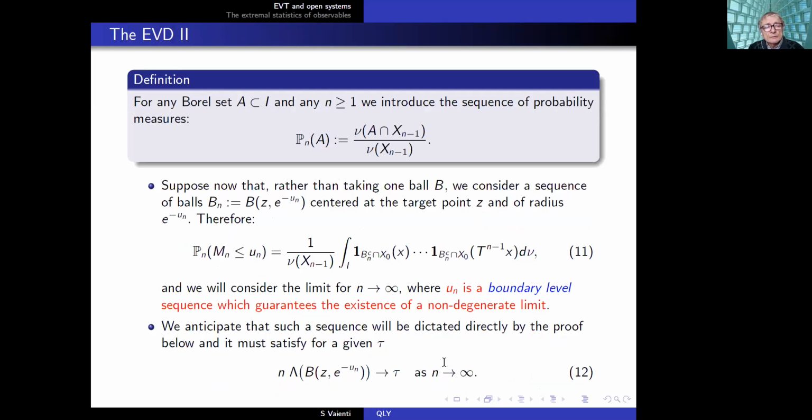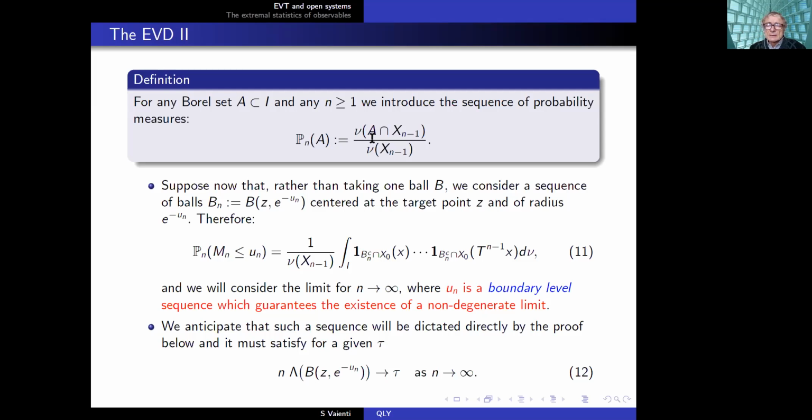I'm not saying this is the only one, but surely this probability measure allows us to do the computation. So I define this new sequence of probabilities in this way. For any Borel set on the interval and any n, I take the absolutely continuous conditional probability measure which we constructed at the beginning, which is absolutely continuous, so it can be used numerically if one wants to do some numerical application of this theory. And I compute it.